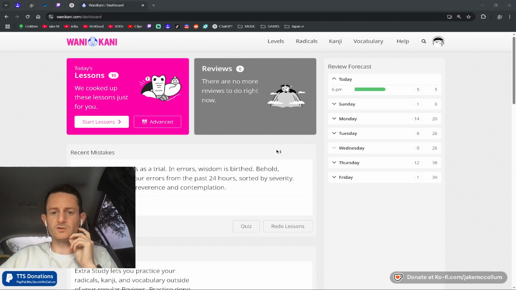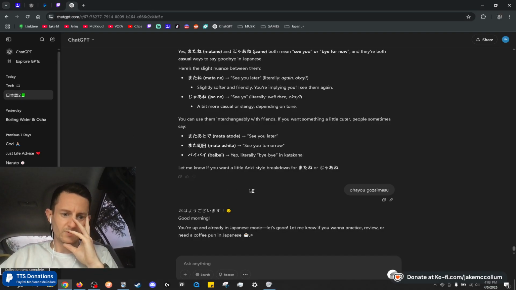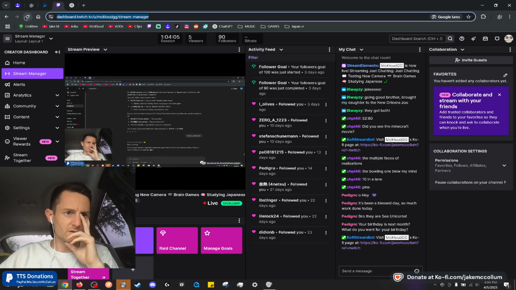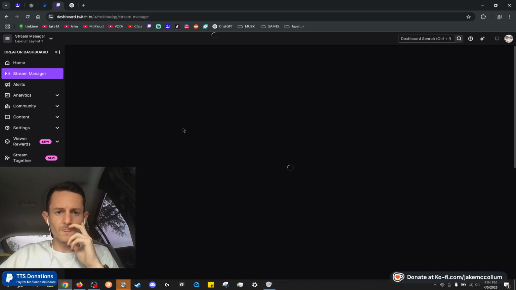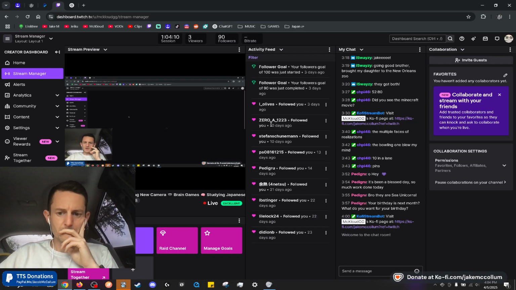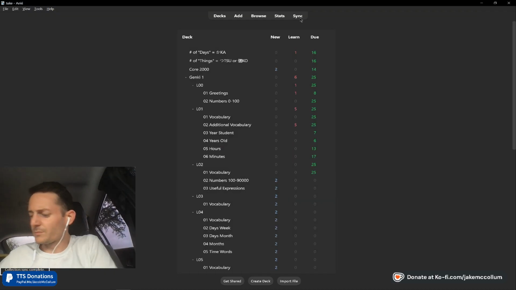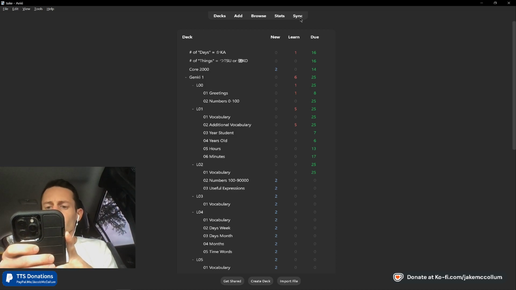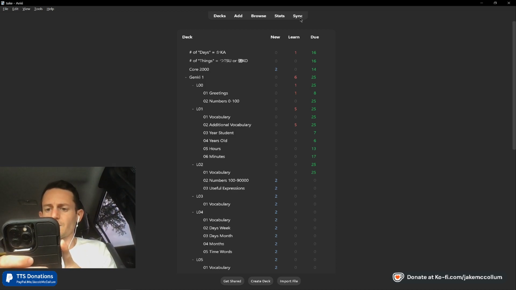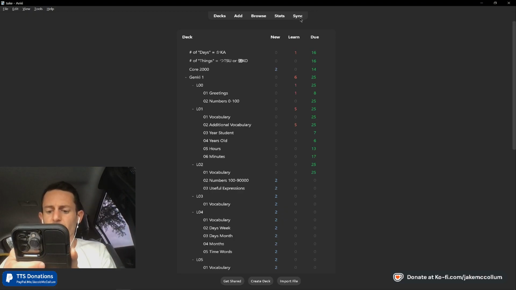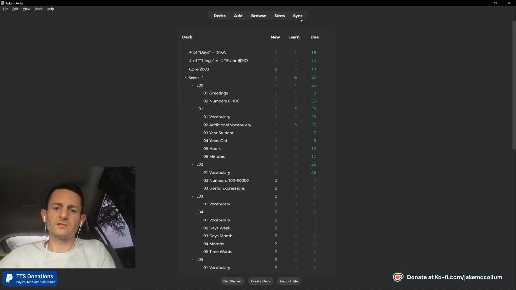Let's do the Core 2000 vocabulary words for the day. We certainly may be having to use this. Next, we're doing Anki. Let's see, Genki. Let's sync this up with what I've got on my phone, just in case I don't want to screw anything up. Core 2000 should be at 14 old ones and 2 new ones. 14 and 2.